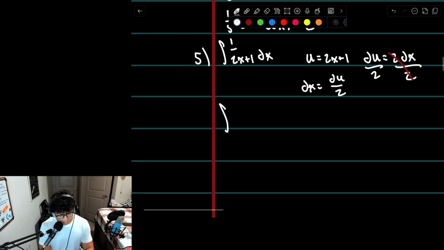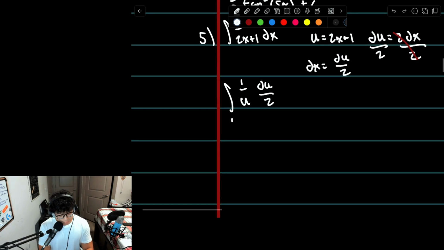So then we substitute 1 over u, and then our dx is du over 2. Now these don't really cancel out, but they form a constant, which is 1/2. So we can put that outside of our little integrand. And we are left with 1 over u du.